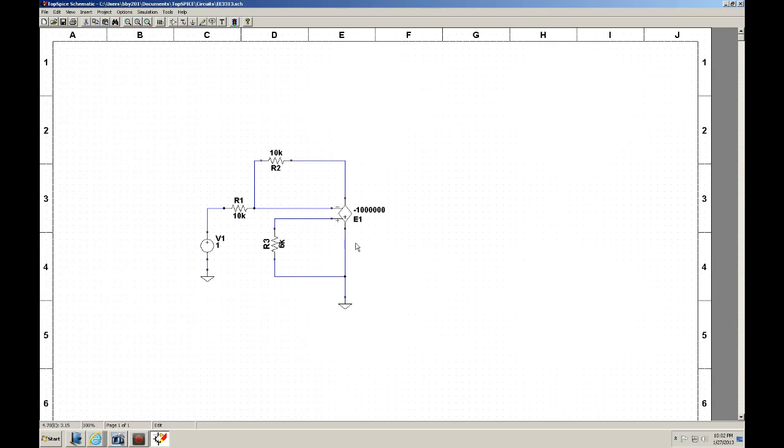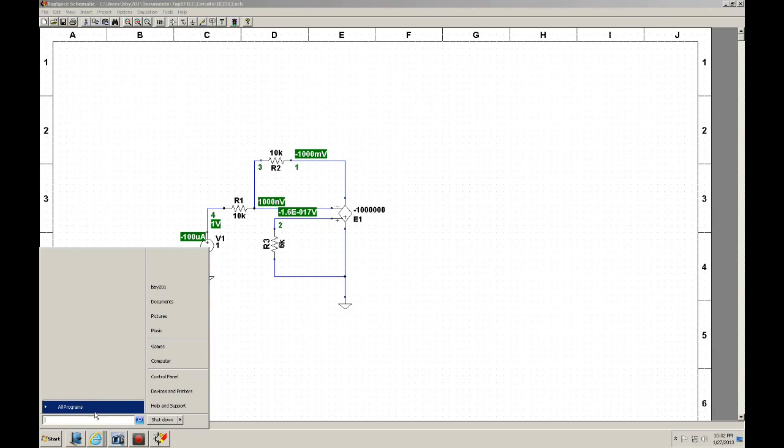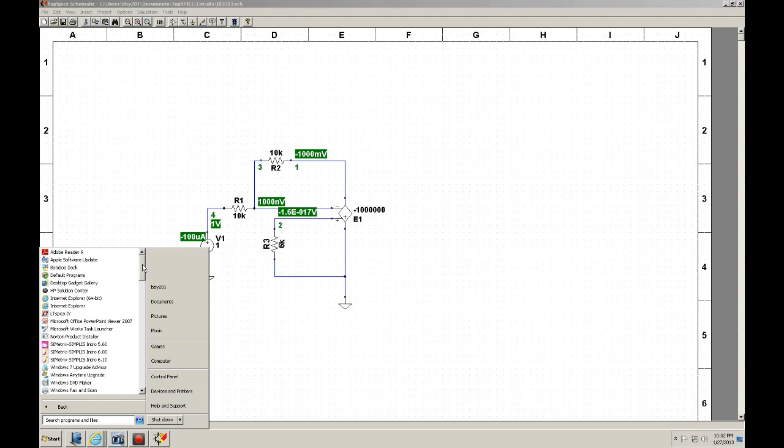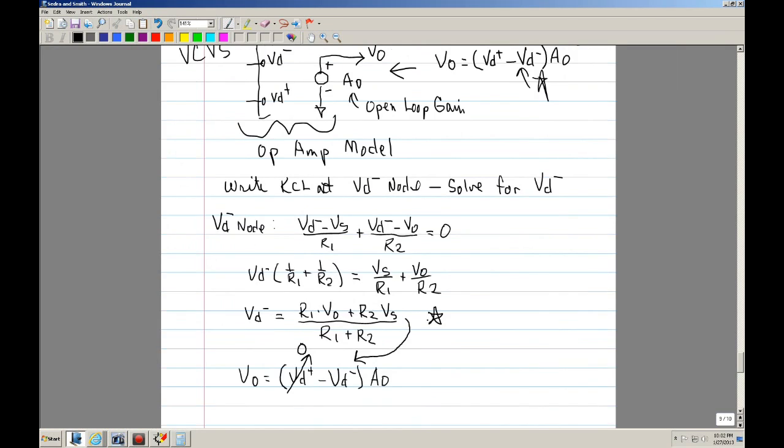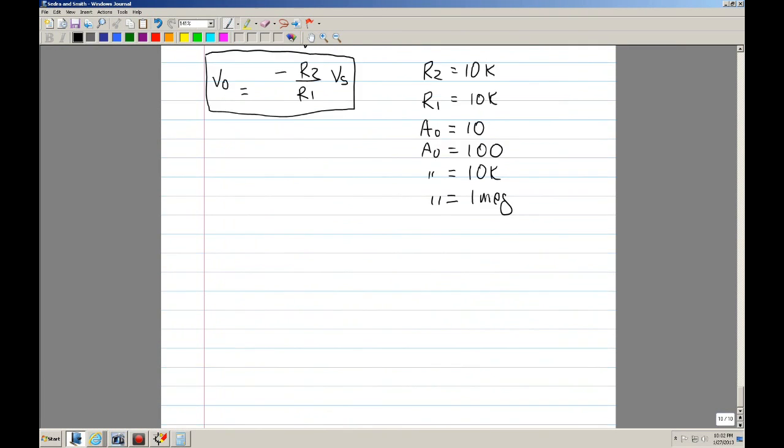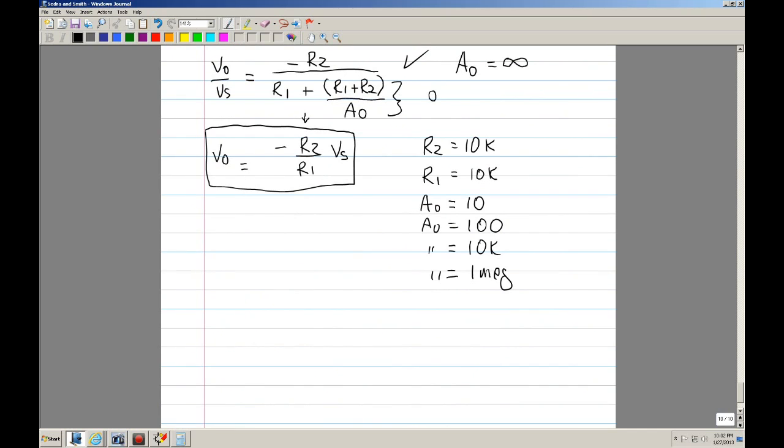So it works. Let's do some numbers here. Get the calculator. Go back here to the notes. Okay, let's do the first one.